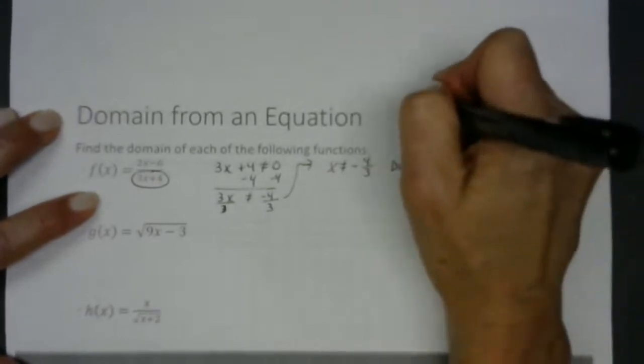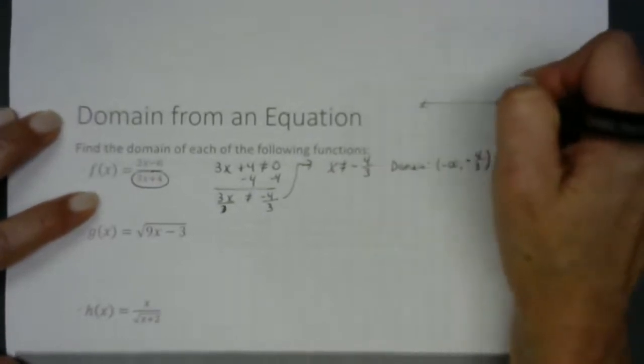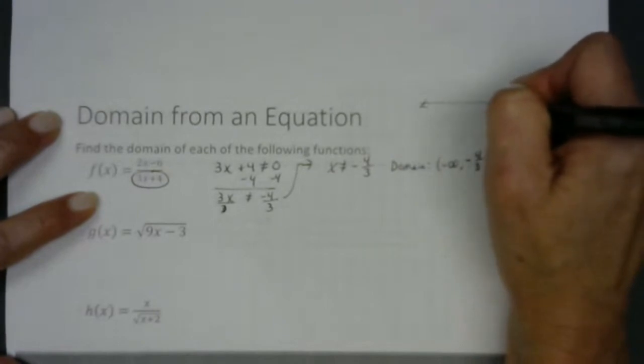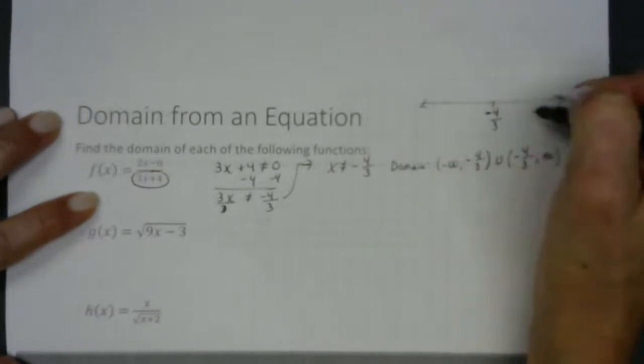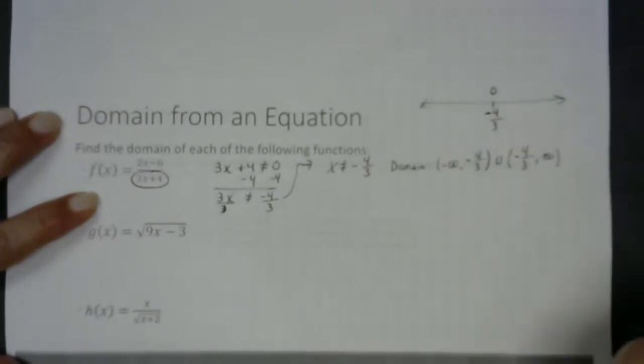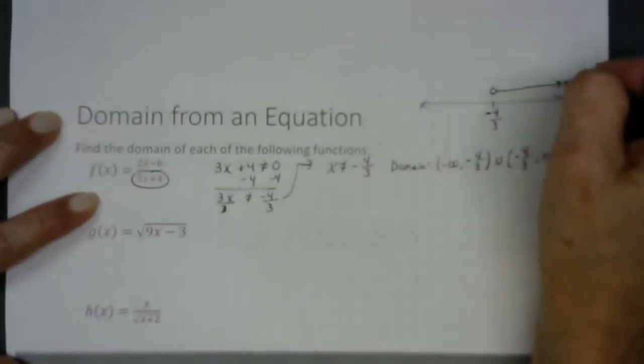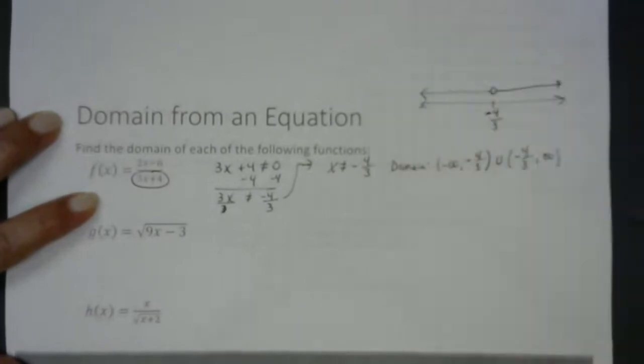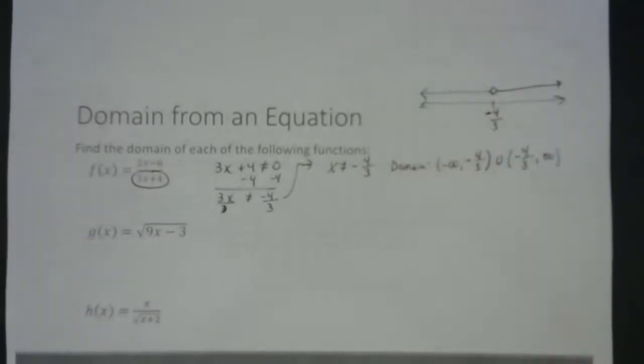If I were to draw this on the number line, it would look like this. If -4/3 was right here, this interval on the number line would have the open circle at -4/3, but everything to the right would be good, and everything to the left would be good.